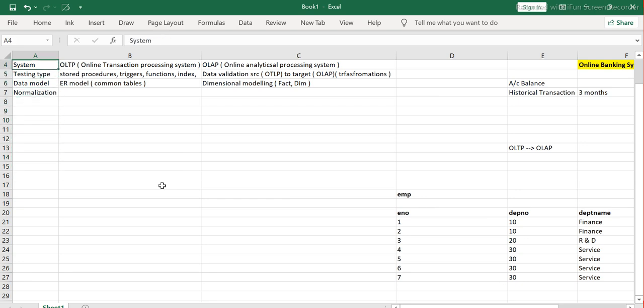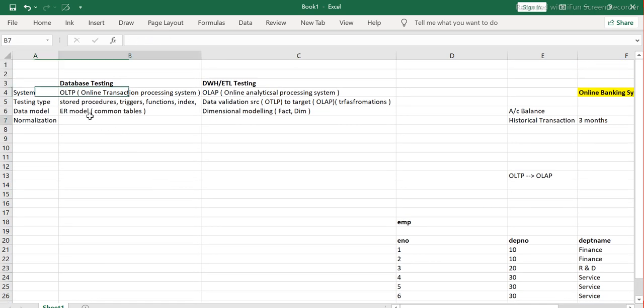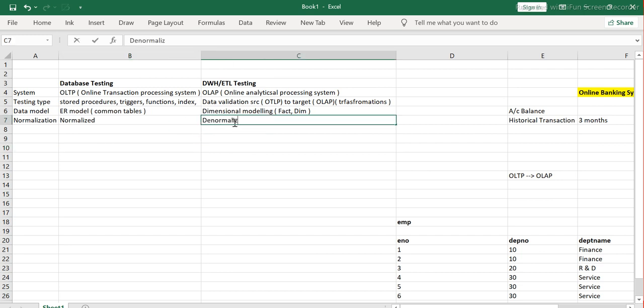So in case of a database, it is fully normalized, and here these are not normalized, they are denormalized. Why? Because here we are keeping very few tables. Fact table and dimension table, two categories, but dimension tables are so wide, having so many columns.